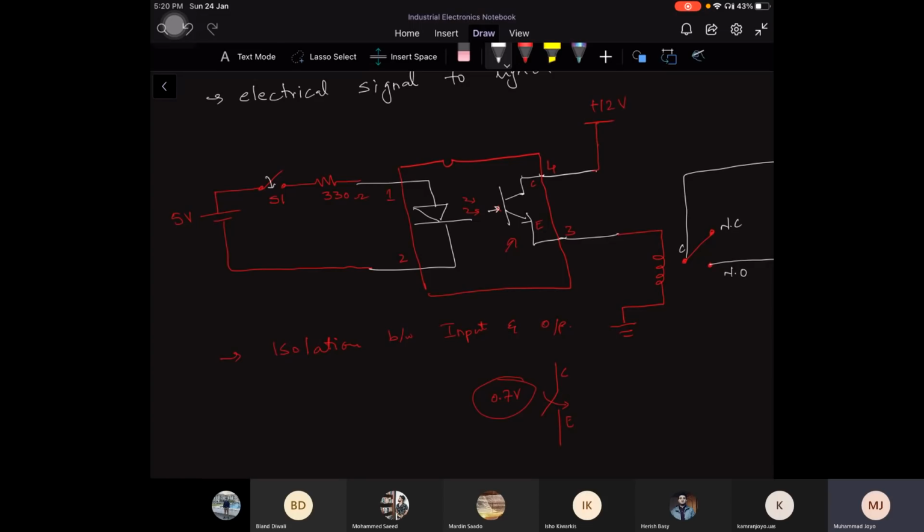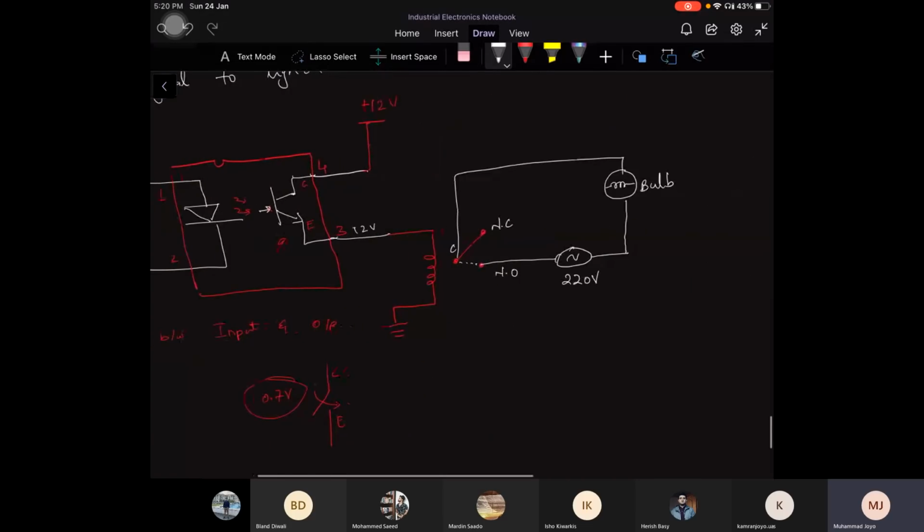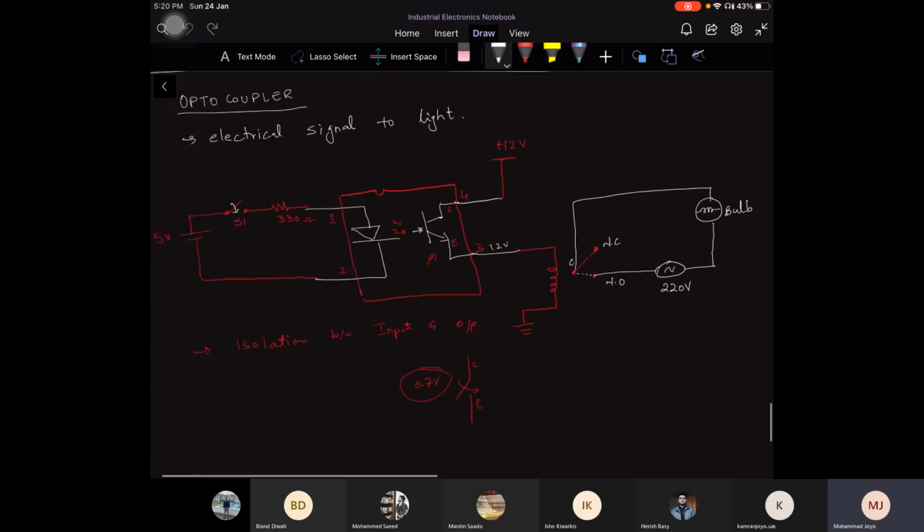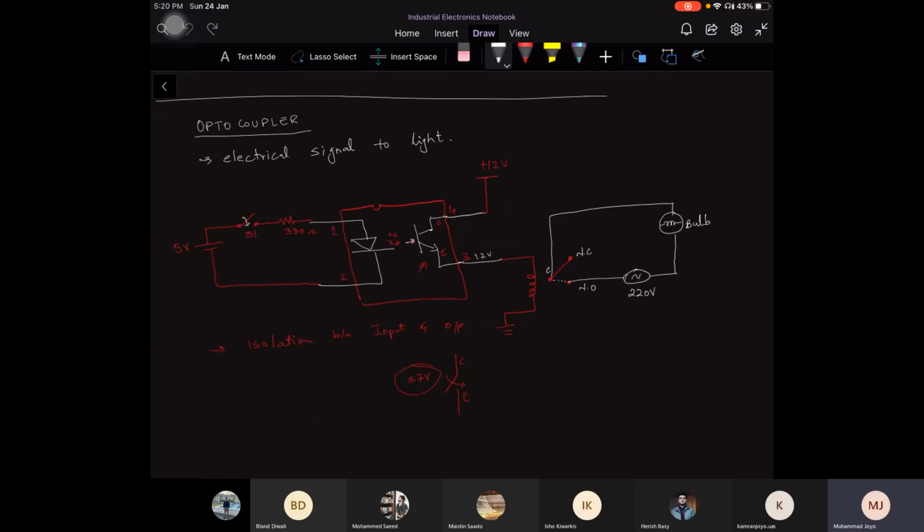When it turns on, the collector and emitter are shorted together, so at the emitter output you will be getting 12 volts. Once the circuit is complete, the current will pass from the coil towards the ground. At that time, the coil will be energized, and the bar connected to normally closed will move to normally open. Once this happens, the AC circuit is also completed, and then the 220-volt bulb will be turned on. So this is one example of using an optocoupler.